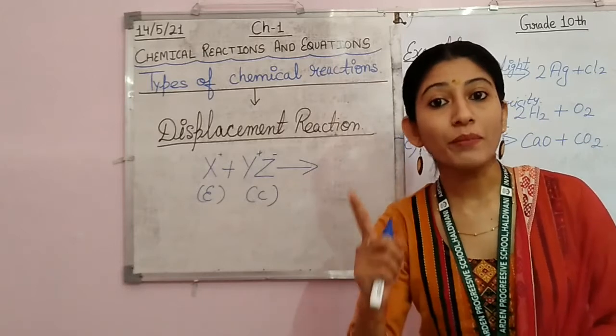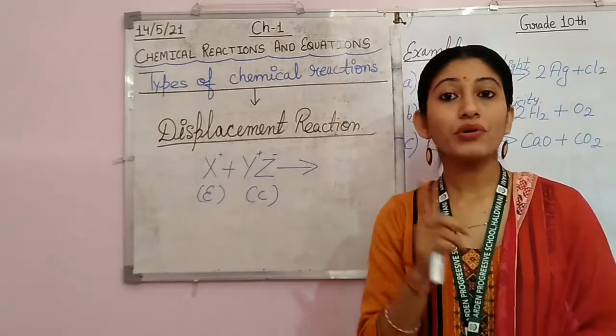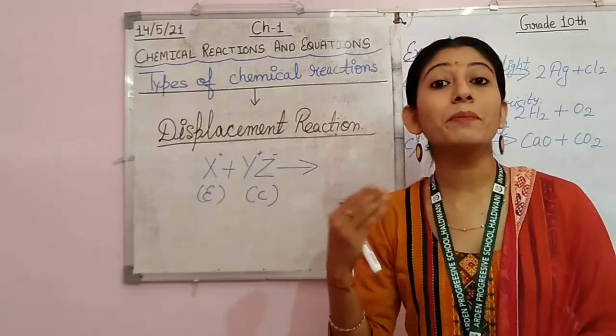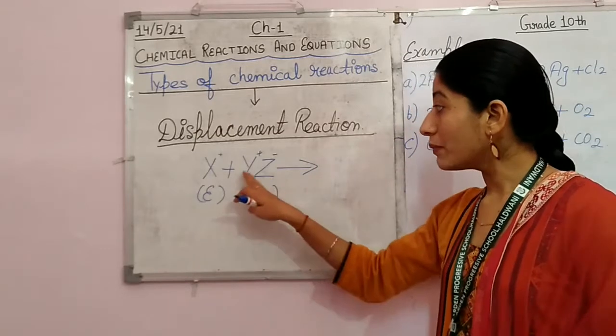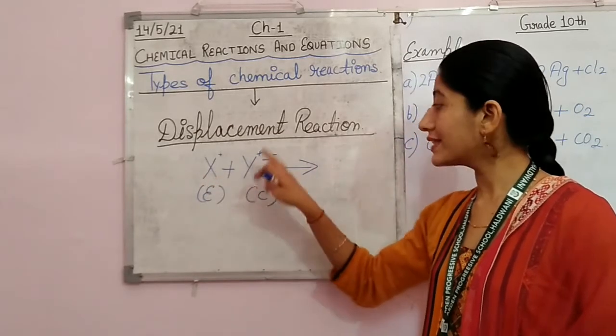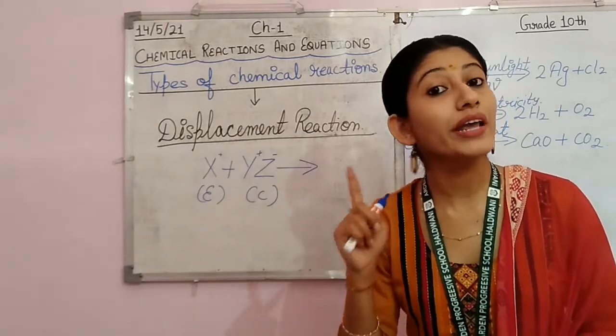But one thing I want to say, and you have to keep this in mind: the element which is going to displace an element from the compound should be more reactive.